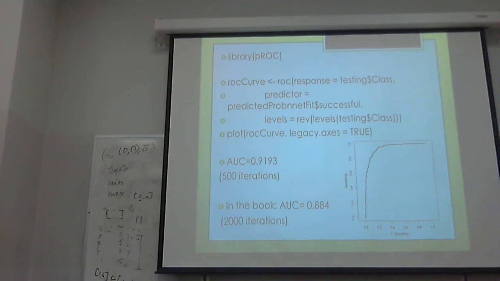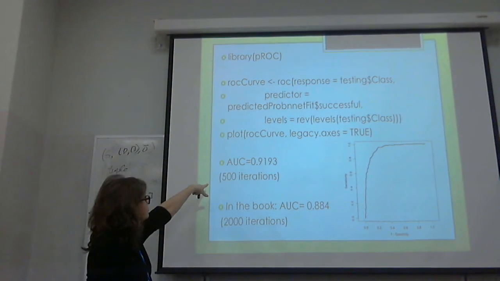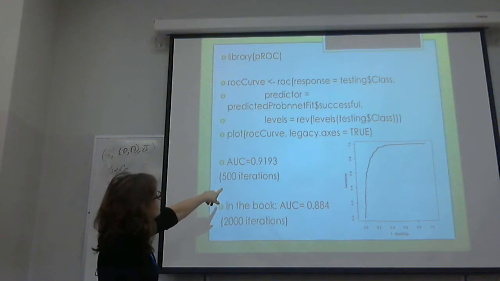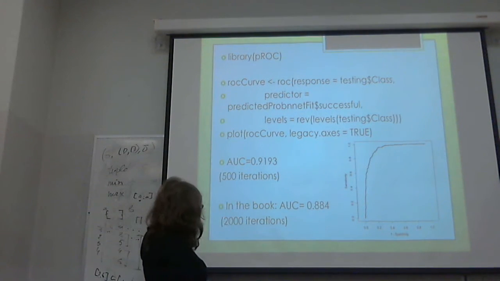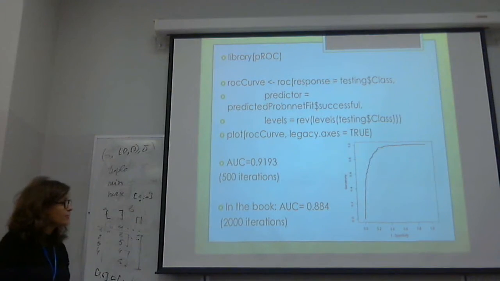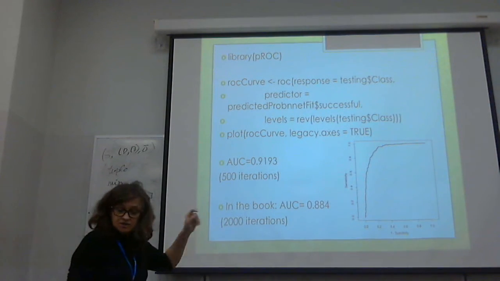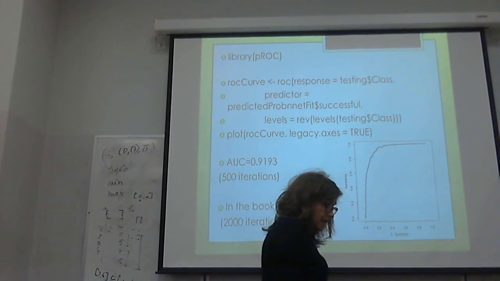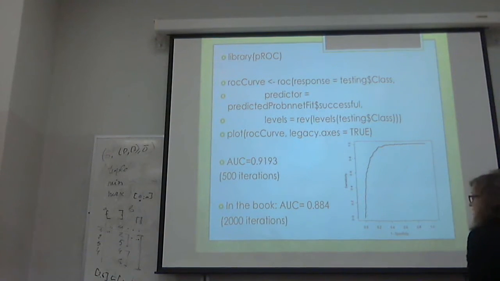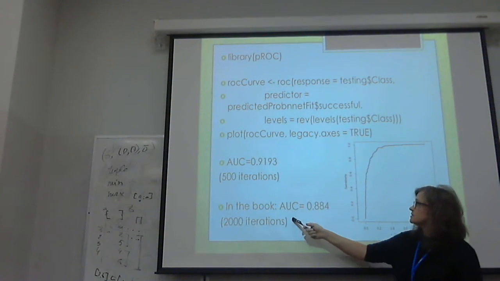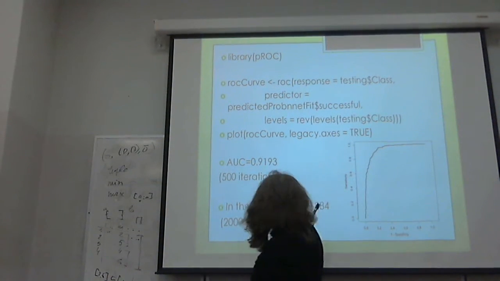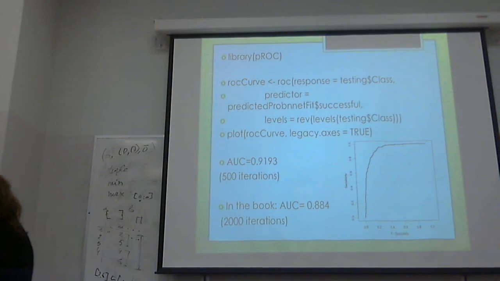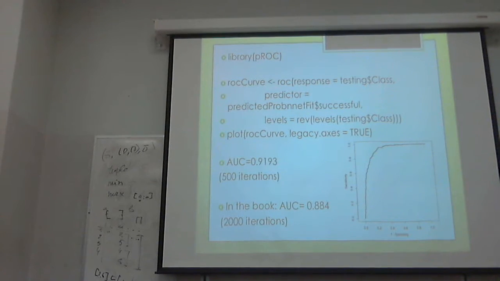Interesting. So my 500 iterations for the neural network gave 0.919. That's true. But in the book they run 2,000 iterations, and 2,000 iterations slightly decreased our value. Okay.